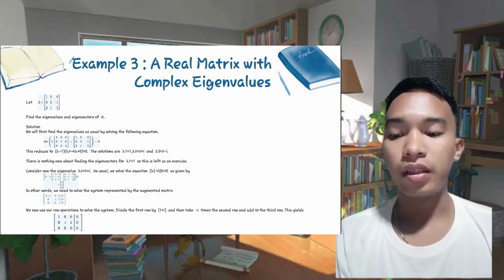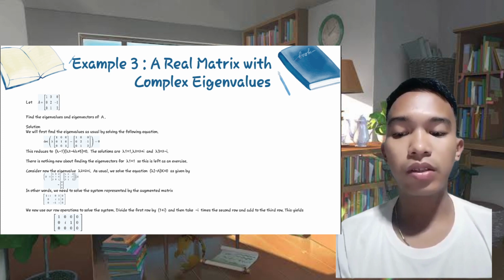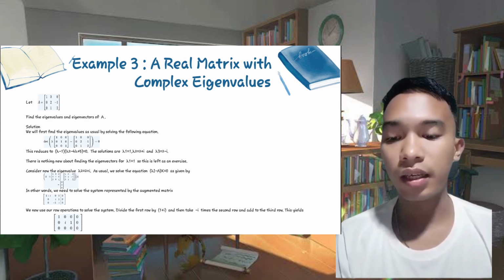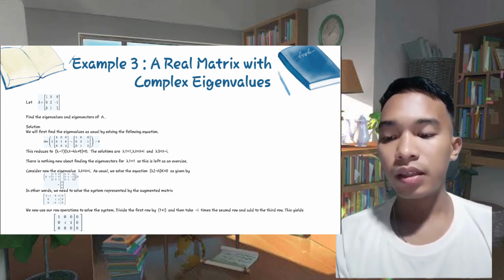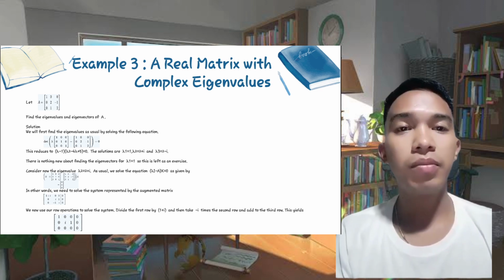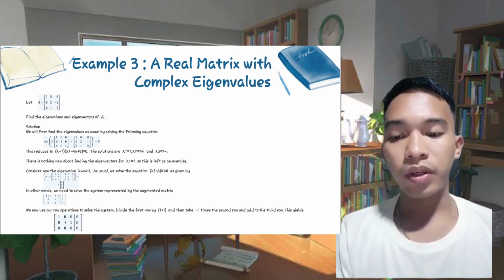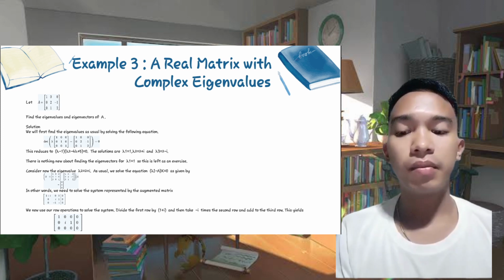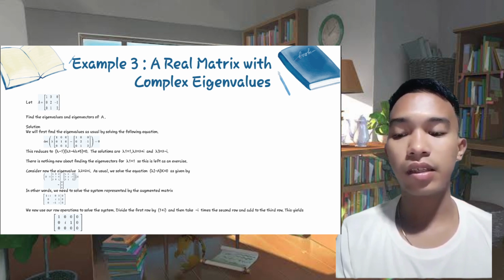The solutions are lambda 1 equals 1 and lambda 2 equals 2 plus i. There is nothing new about finding the eigenvectors for lambda 1 equals 1. So this is left to the reader as an exercise.